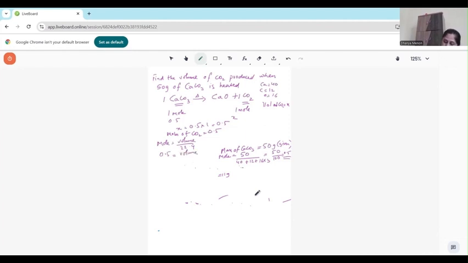So volume is equal to 0.5 times 22.4, which is equal to how much? 11.2 liters. This is how you find different values from the equation.